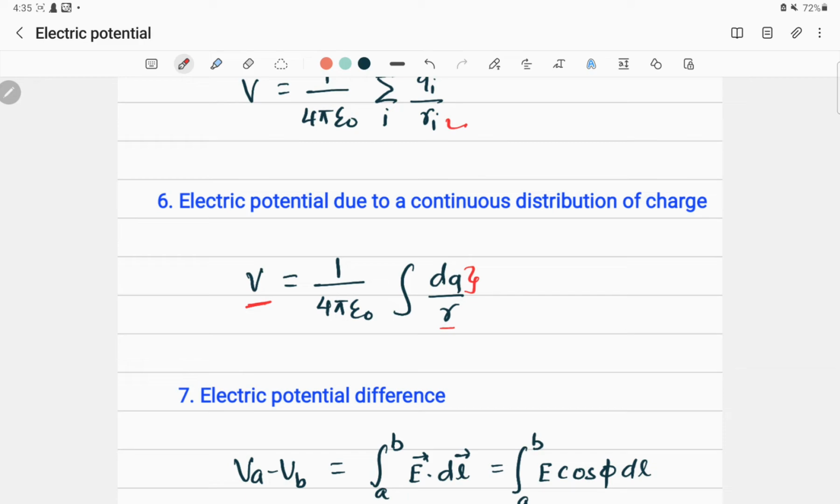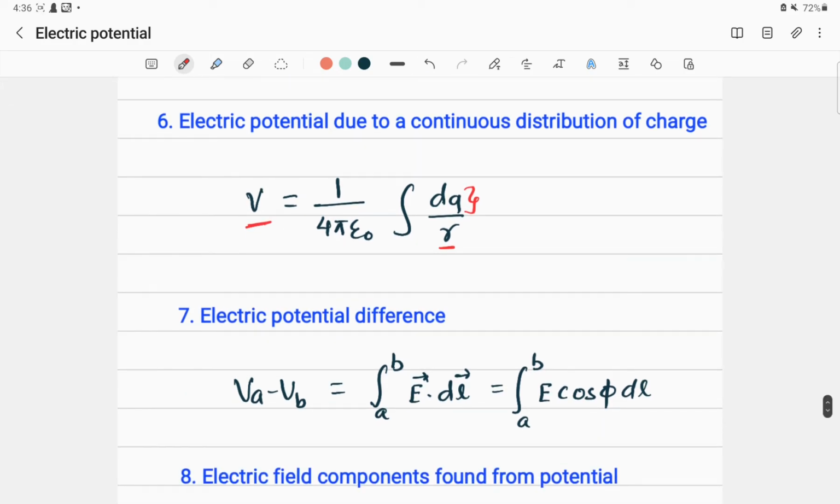In this case the distance is from the charge element, because charge is not discrete. It is a continuous distribution of charges, so we have to take a little charge element, that is dq. This r is the distance from the charge element to where potential is to be measured.